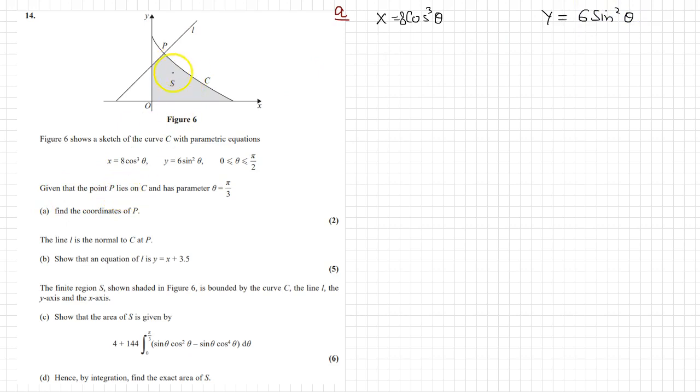Given that point P lies on C and has parameter theta equal to pi over 3. So at P, x is equal to 8 cos cube pi over 3, and y will be 6 sine square pi over 3.